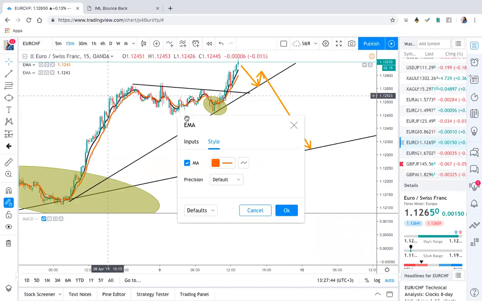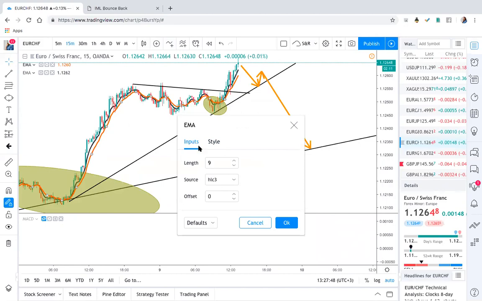And what I actually do is go to settings, go to inputs, and change the length to 9 and the source to high, low, close 3, so HLC 3. So this is what I use. So input is 9, source is HLC 3.